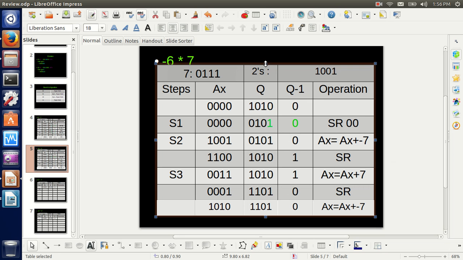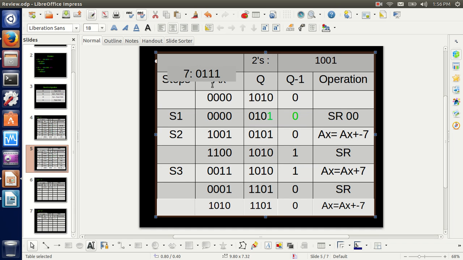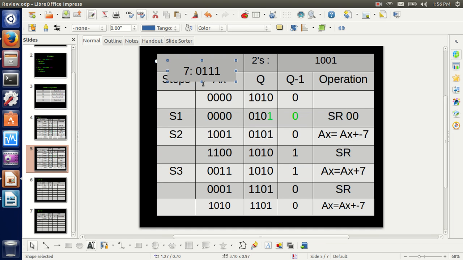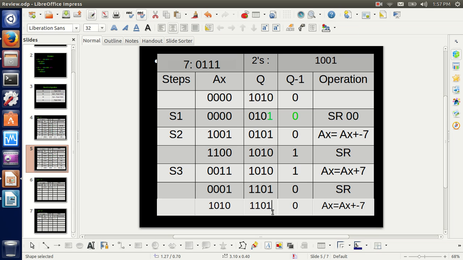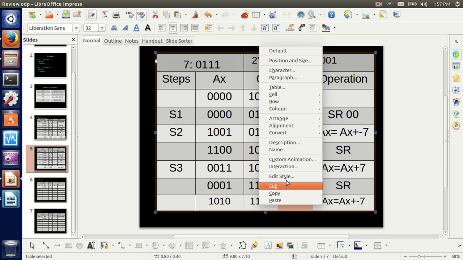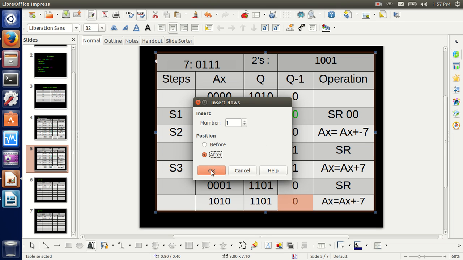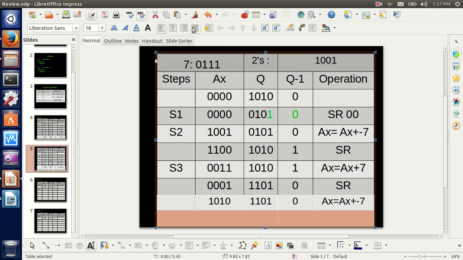If I move it more, okay, that's weird. It's good I added another one, and this is going to be step 4, so I'm not going to add any other lines. Why 4? 4 bits. I have 4 bits.